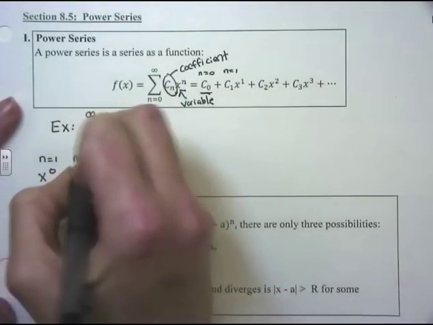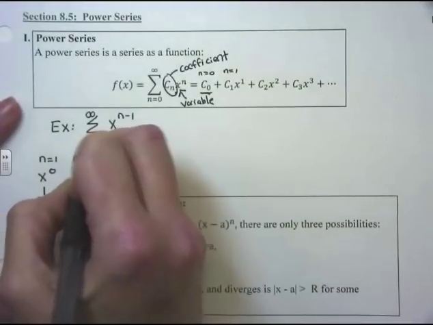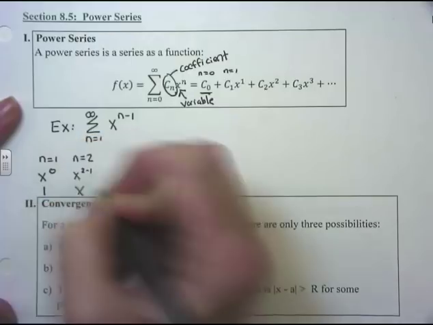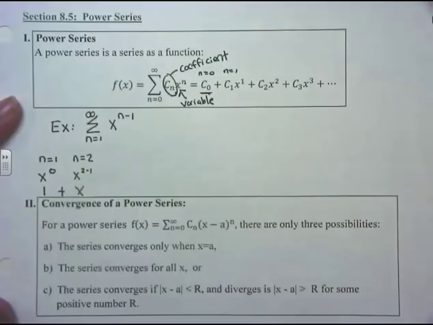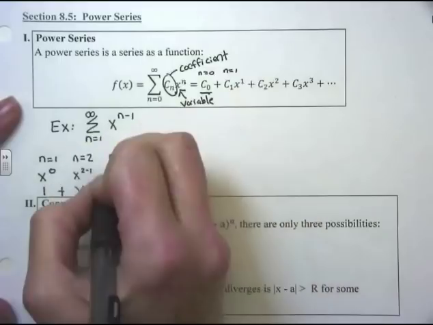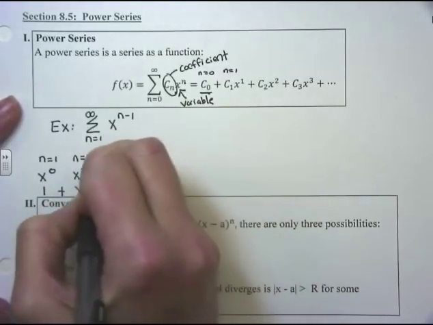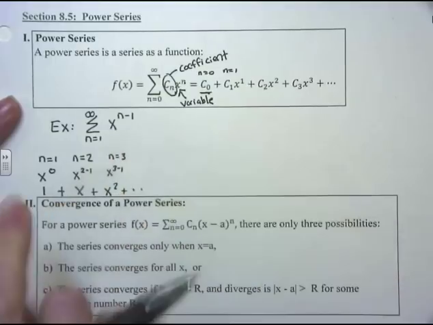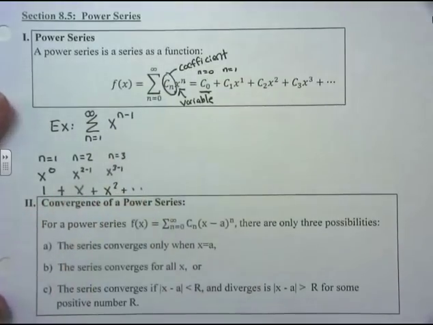When I plug in that n is equal to 2, I would have x to the 2 minus 1 power, so I'm just getting x. It is a summation, so I'm adding the terms. For the third term, plugging in that n is 3, I would have x to the 3 minus 1, meaning I'm getting x squared. So this series looks like 1 plus x plus x squared, and so forth.